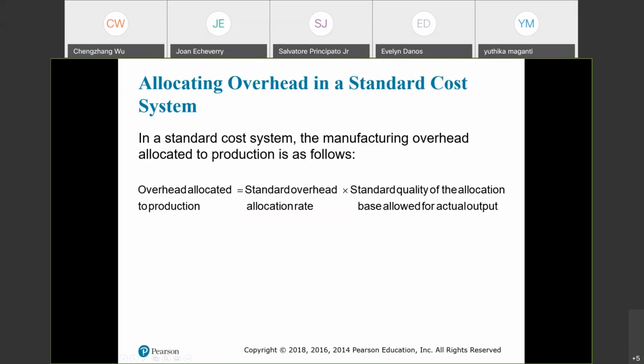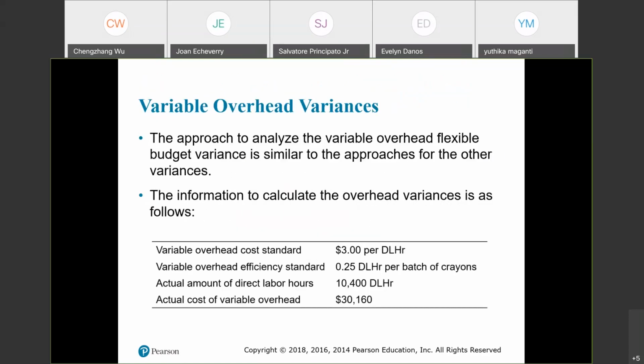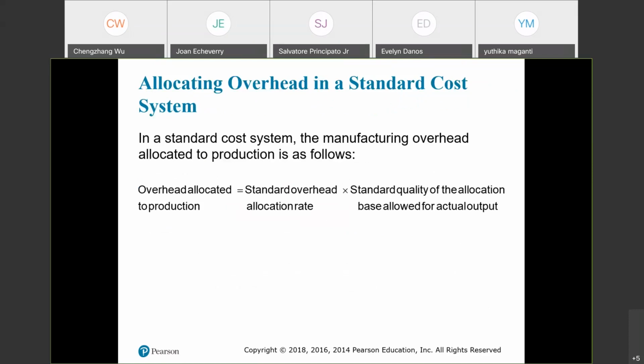In a standard cost system, the standard overhead allocation rate replaces the predetermined overhead allocation rate illustrated in the previous chapter. The concept is the same. It is the rate calculated during the budgeting process when other standards are determined.